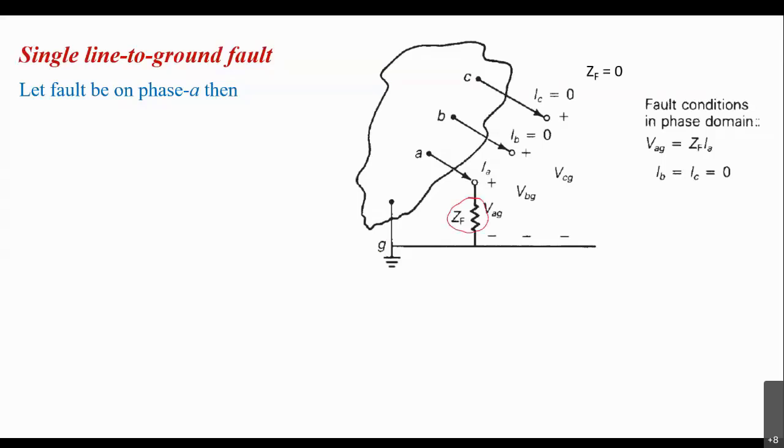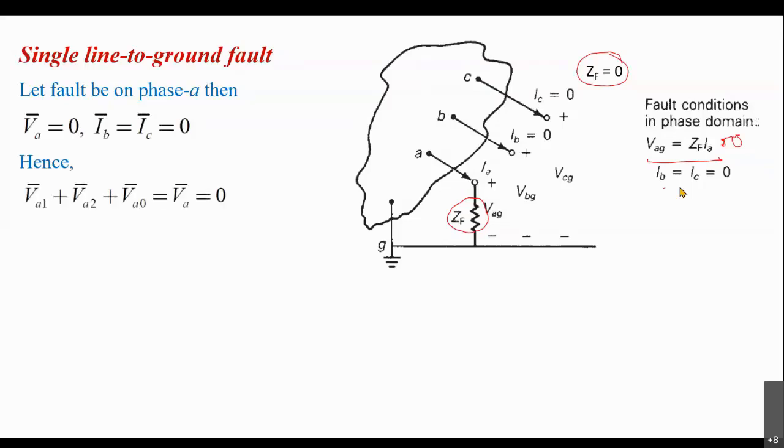But for simplicity, we are considering ZF equal to 0, which is the bolted single line to ground fault. Now the conditions are VAG equal to ZF IA, which is nothing but equal to 0, because we are considering ZF 0, and IB equal to IC equal to 0. So the conditions are VA equal to 0 and IB equal to IC equal to 0.